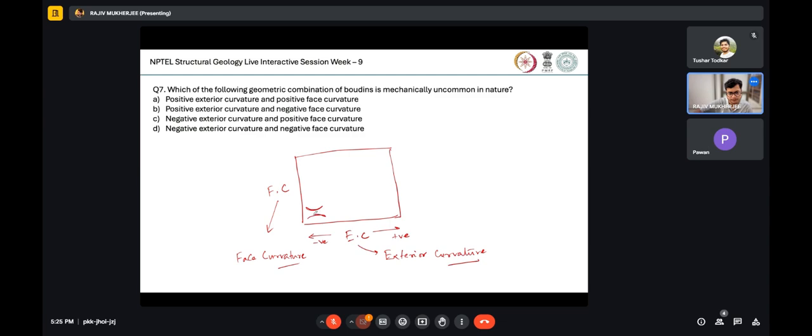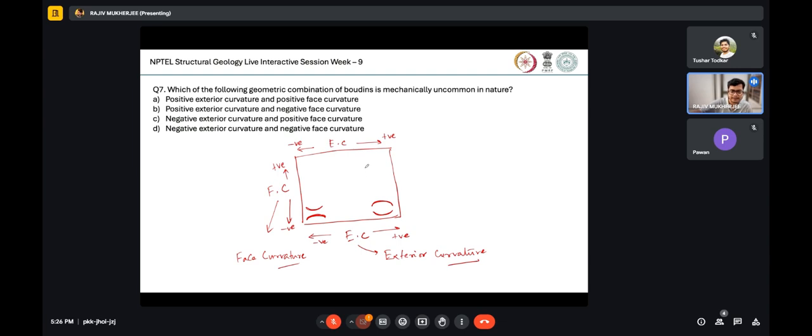So negative exterior curvature looks like this, and positive exterior curvature looks like this. And here we have negative face curvature and positive face curvature. Again, we have negative exterior curvature, and here we have positive exterior curvature.